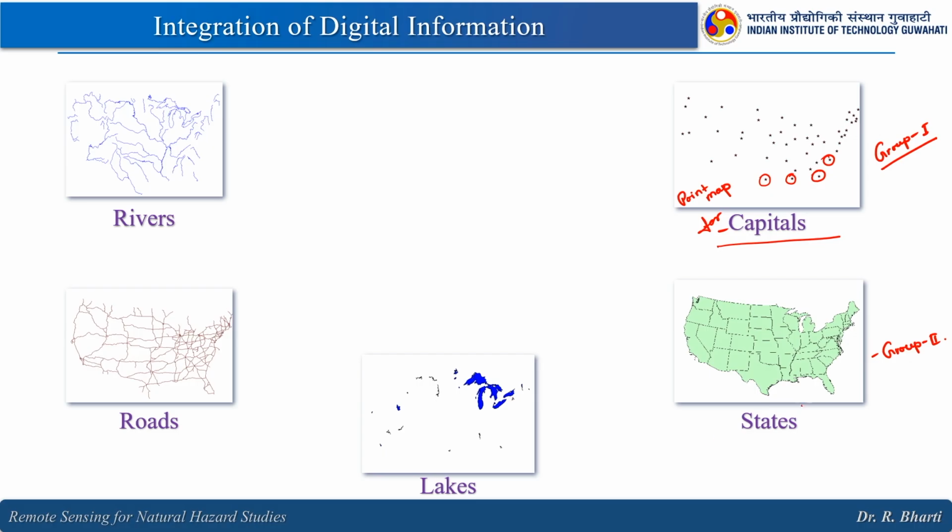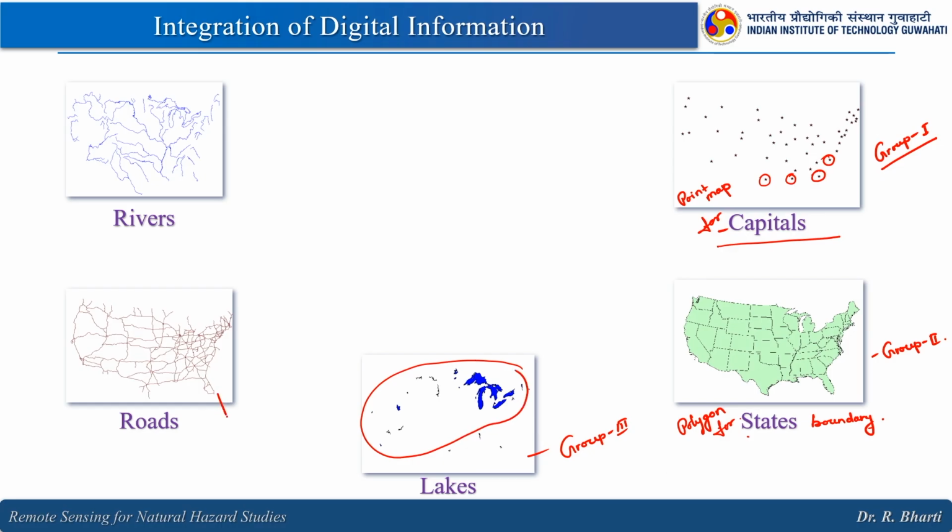has generated the state boundary, right. So, this is a polygon for state boundary. Now, the third group has generated the lake information present in a particular country, right.